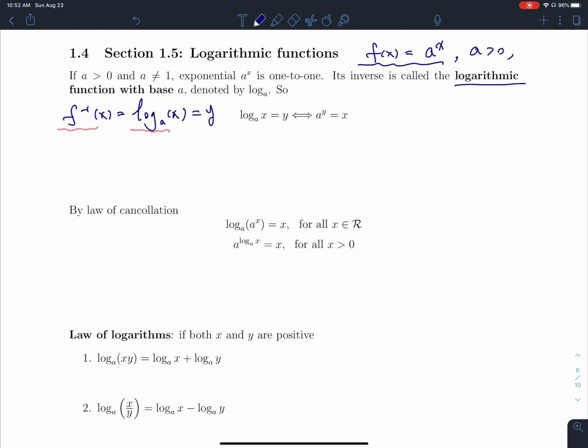And because we have f inverse of x equals y, it is the same thing as saying the exponential of y equals x. Because here, f of y, sorry, f of x equals y.